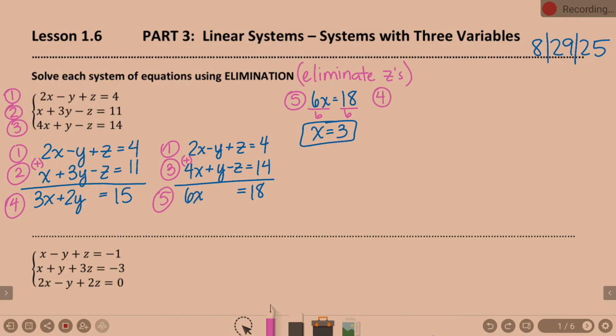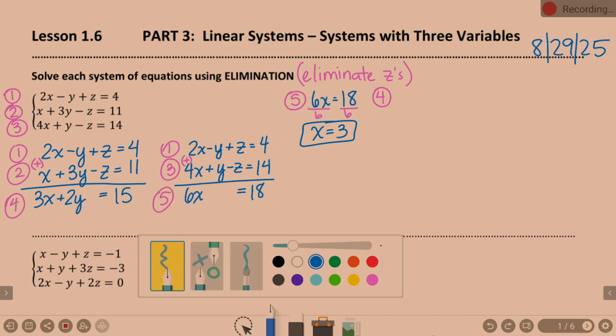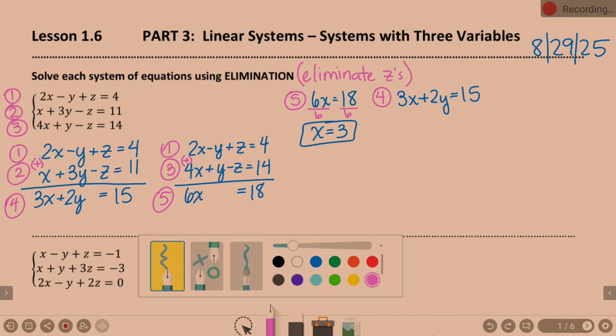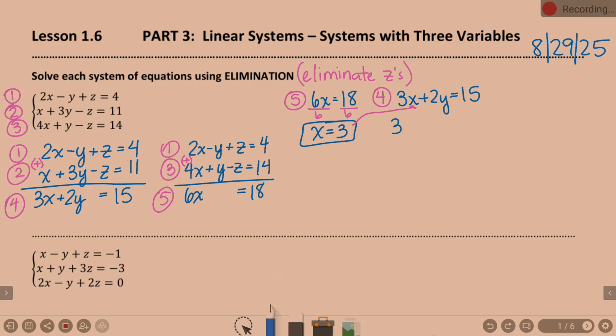We're going to take 4, which is 3x plus 2y equals 15. Every place I see an x, I'm going to put in 3. So we're going to have 3 times 3 plus 2y equals 15.